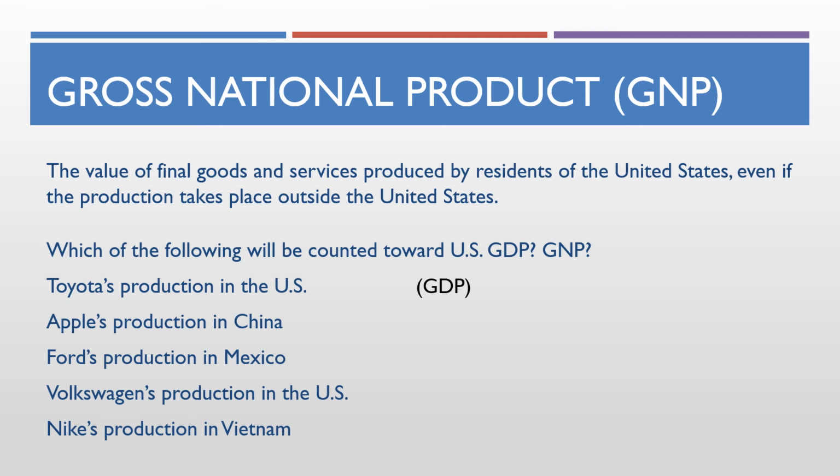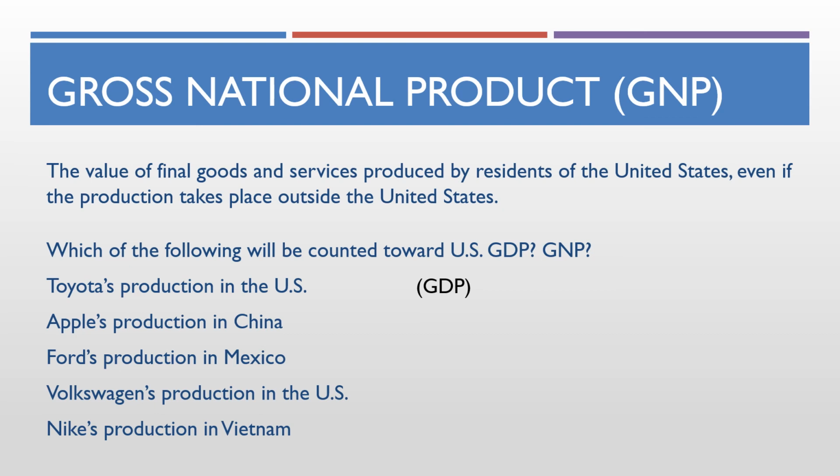Now, Apple's production in China. Since this production does not take place in the United States, it is automatically eliminated from the GDP calculations. Therefore, any production that takes place in China can only be considered part of the GNP of the United States.